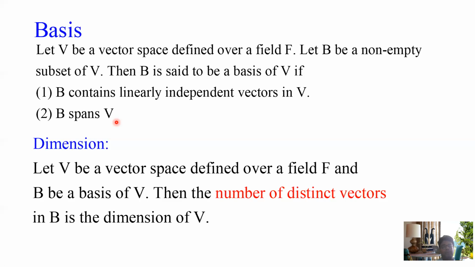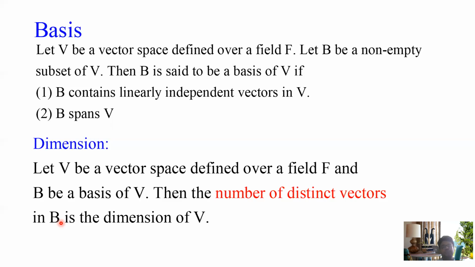Okay, dimension. Let V be a vector space over a field F and B be a basis of V. Then the number of distinct vectors in B is the dimension of V. I repeat, I use multicolor for a better understanding.